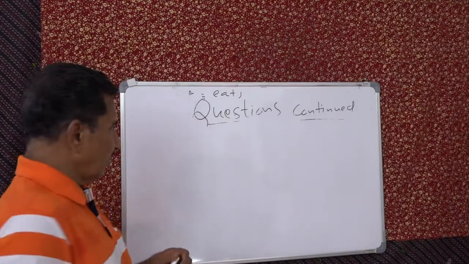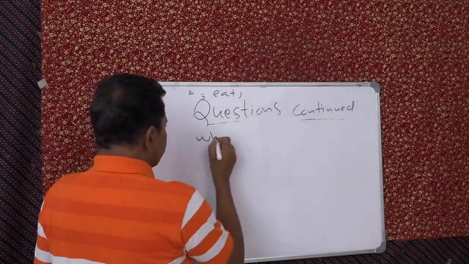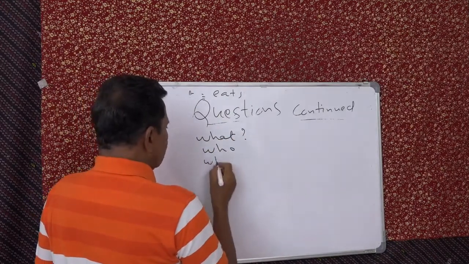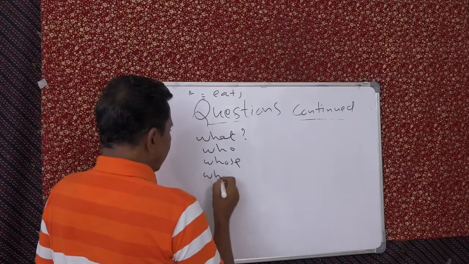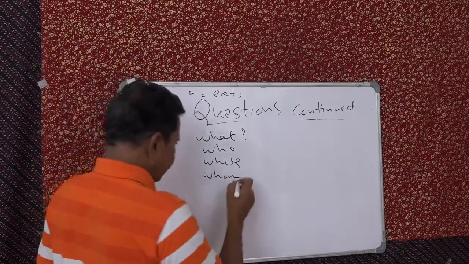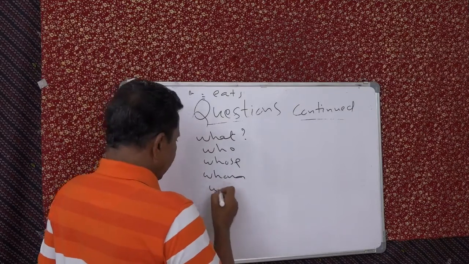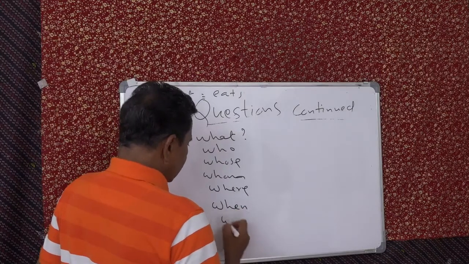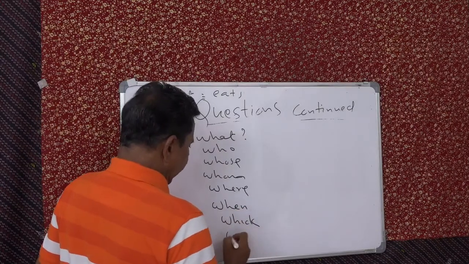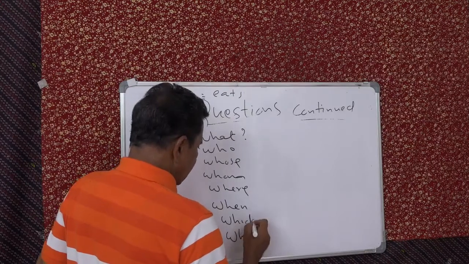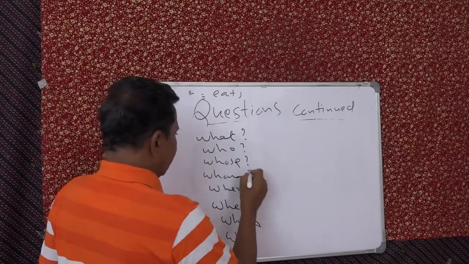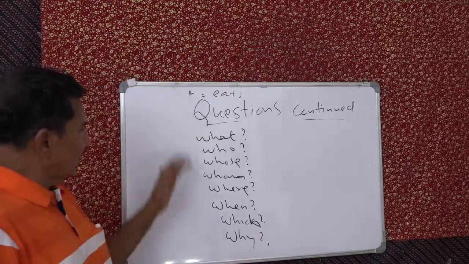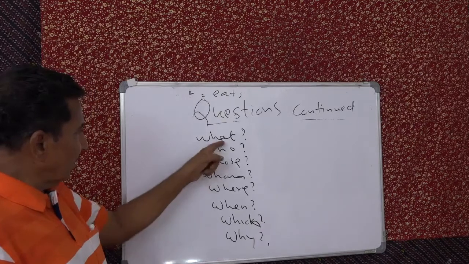You write like this: what, who, whose, whom, where, when, which, and why. These are question words, or you call them WH words. You can see all these words begin with WH.